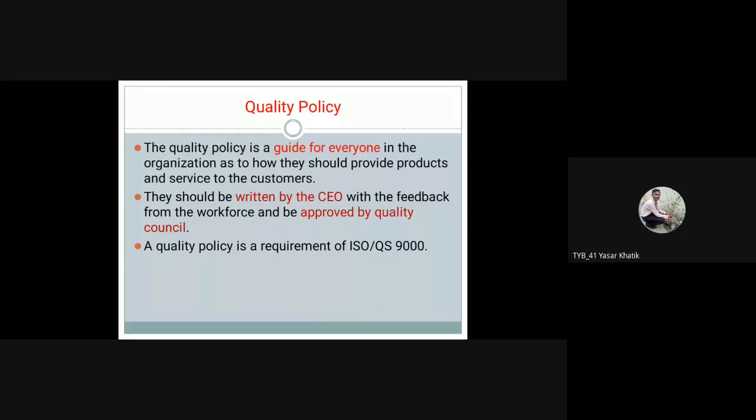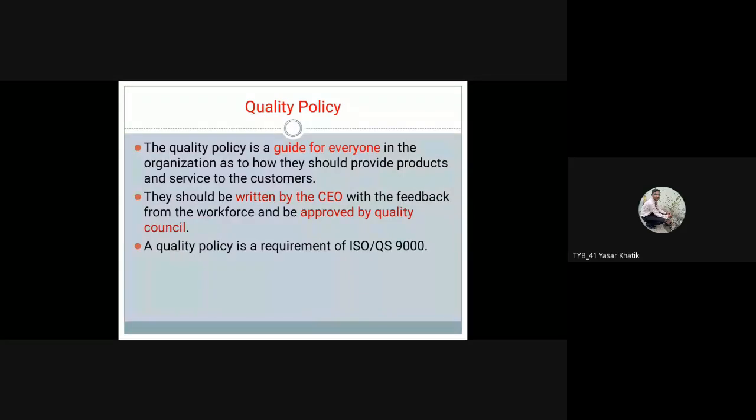A quality policy is a requirement of ISO QS 9000. So the quality policy is not made only from the organization's side; it is required from the ISO side. As per the government rules, any product requires a quality policy booklet.